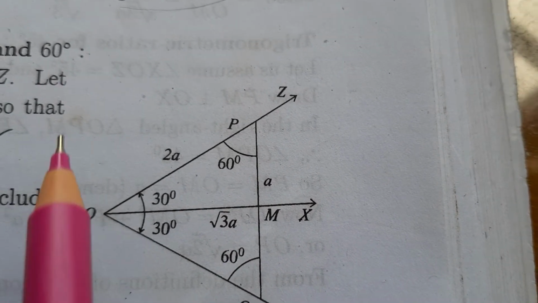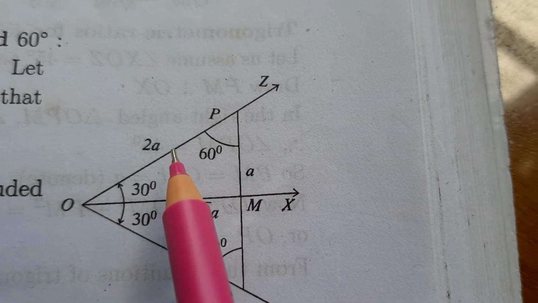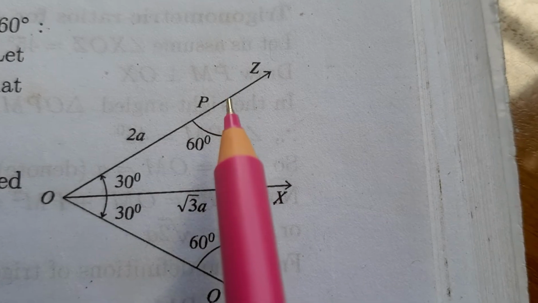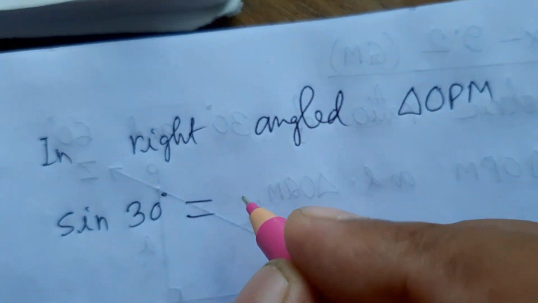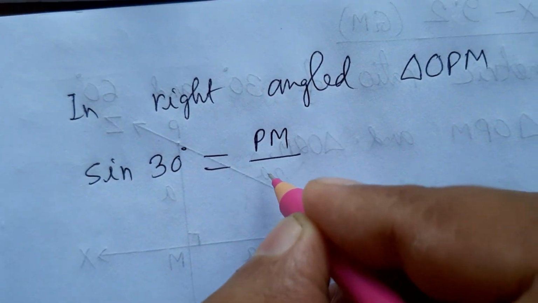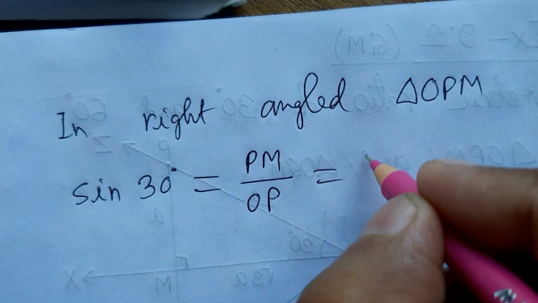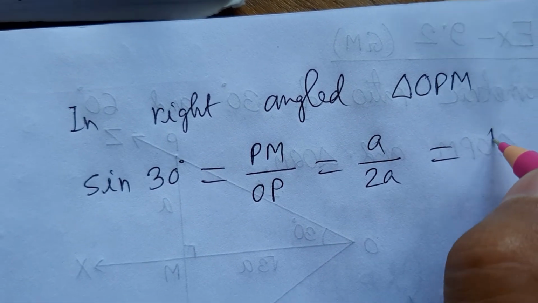And you know the formula, sine 30 means perpendicular by hypotenuse. So sine 30 is equal to PM divided by OP. The value of PM is A and OP is twice A, so sine 30 is finally half.